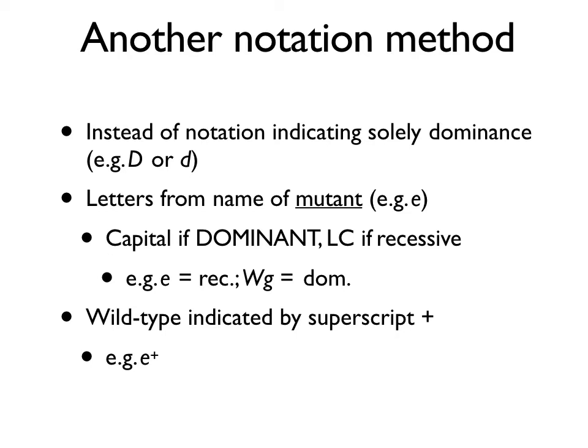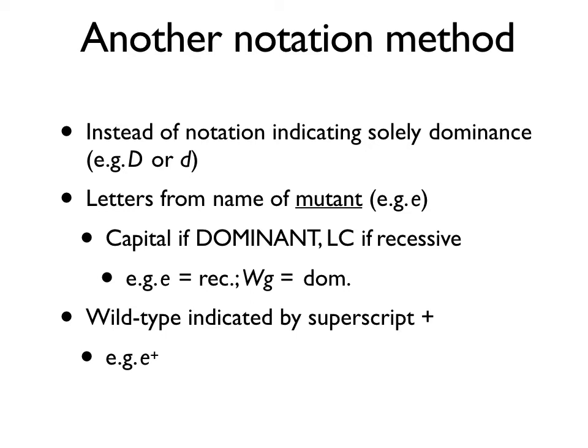So the example I give here is a little e, and that is a mutant allele for a gene that controls whether or not fruit flies have eyes. So the little e might refer to or be the result of calling the phenotype eyeless. So they use a little e to refer to the eyeless allele and the eyeless phenotype.